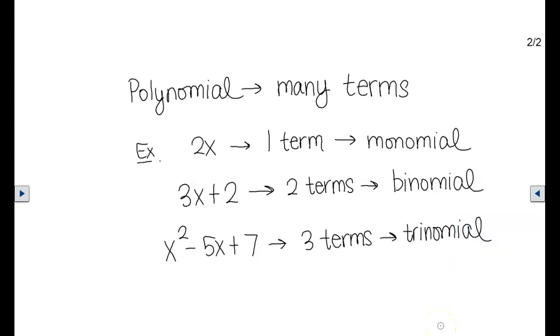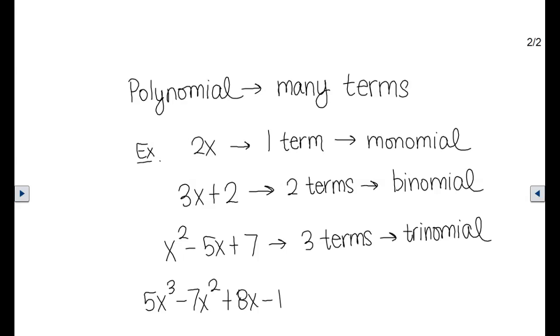So let me emphasize something here. All 3 of these are polynomials, but these names that I'm giving you over here are just more specific. Polynomial is very general.